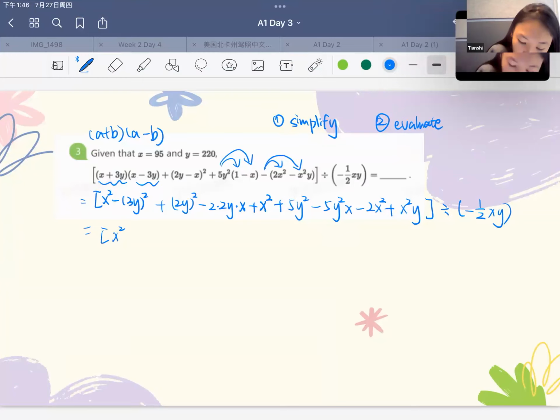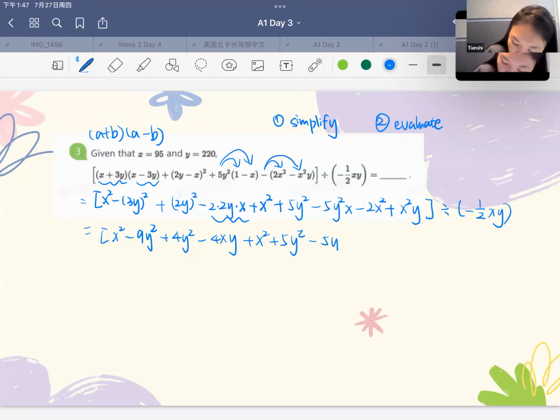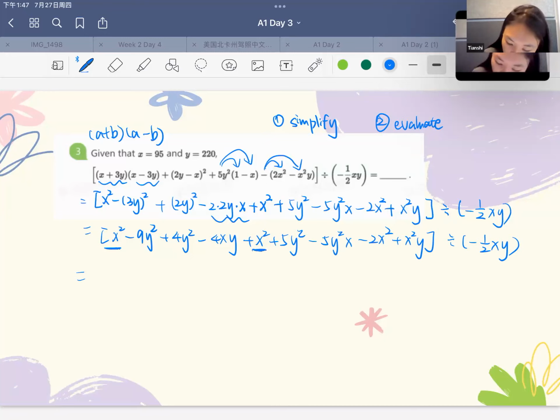So x squared minus (3y) squared equals x squared minus 9y squared, and then plus 4y squared, and this one is minus 4xy, this one x squared, and minus 5y squared x, minus 2x squared plus x squared y, and then divided by negative 1 over 2 xy. So we can combine the like terms: x squared and x squared and minus 2x squared. So there is no x squared anymore. All the x squared cancel out each other.